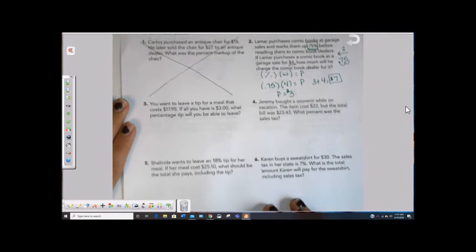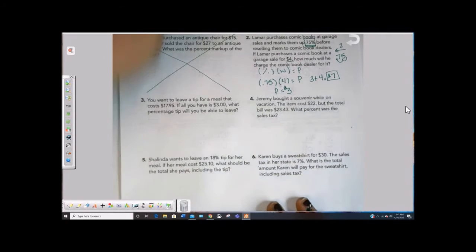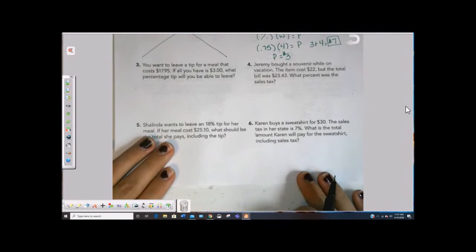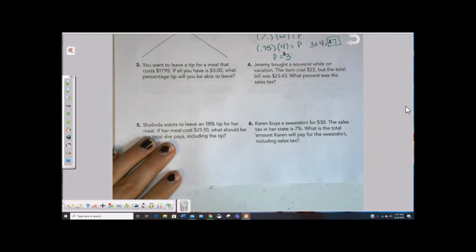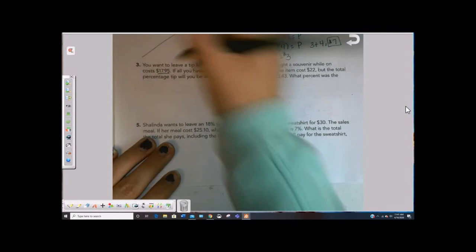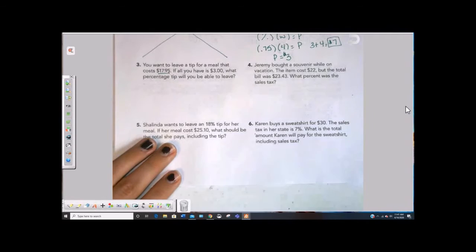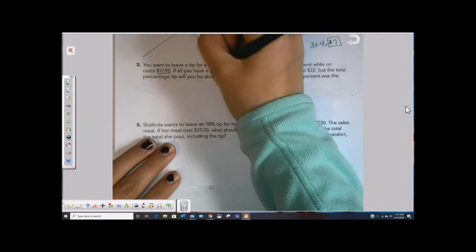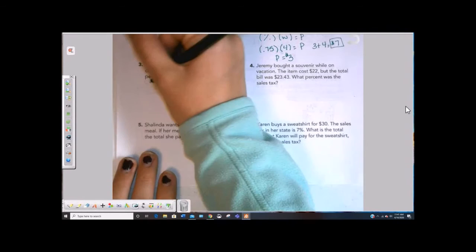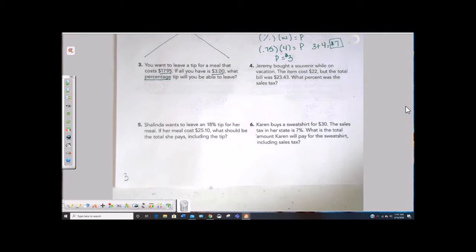Okay, looking at number 3. Number 3 says you want to leave a tip for a meal that costs $17.95. If all you have is $3, what percentage tip will you be able to leave? Again, we're going to use that percentage times whole equals part equation.